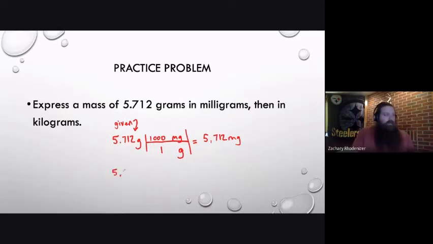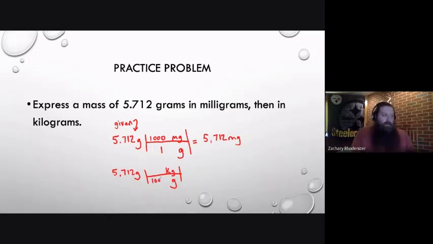Same thing if I'm doing the second part of the problem, in kilograms. So I take my given, 5.712 grams. I draw my first bracket. Whatever my given unit is goes on the bottom because I need to get rid of it. That's not the unit I want to finish with. Since it's on top, I got to put it on the bottom to divide it out. Grams can go to kilograms in one bracket because gram is a base unit. So base unit can go to anything in one step.